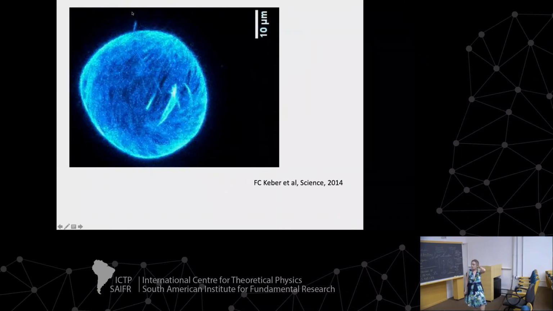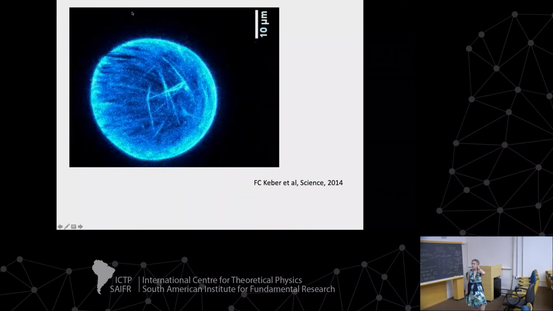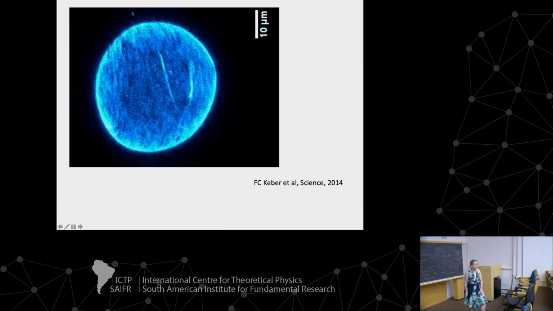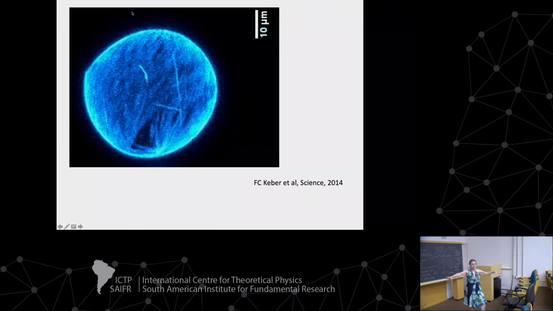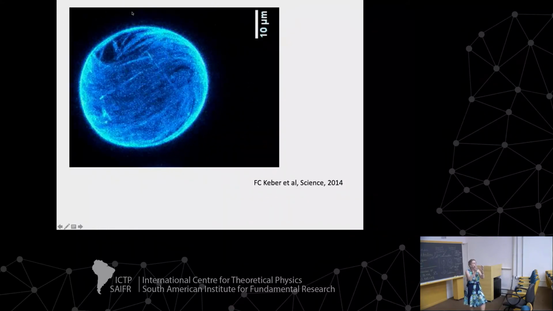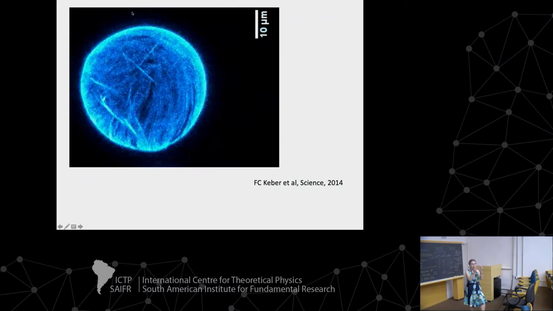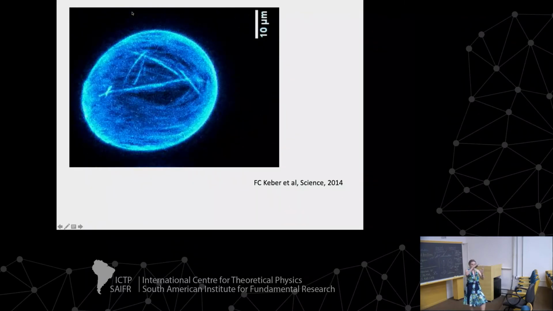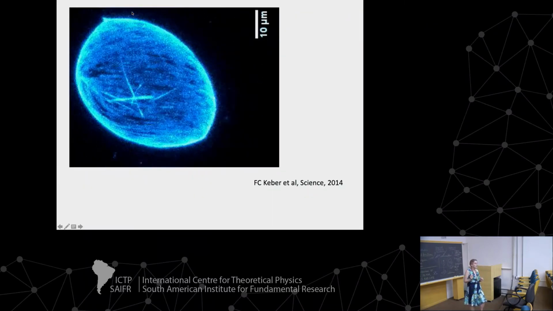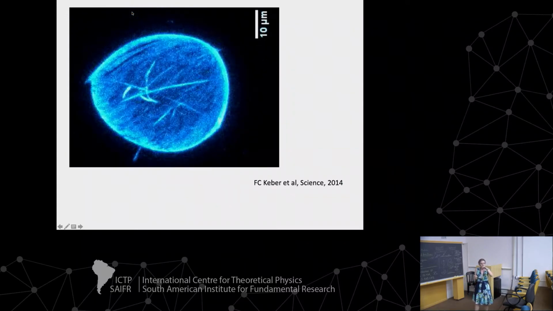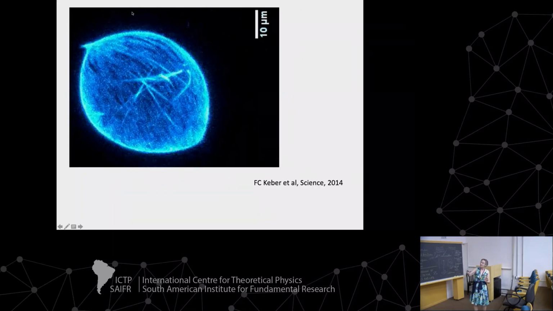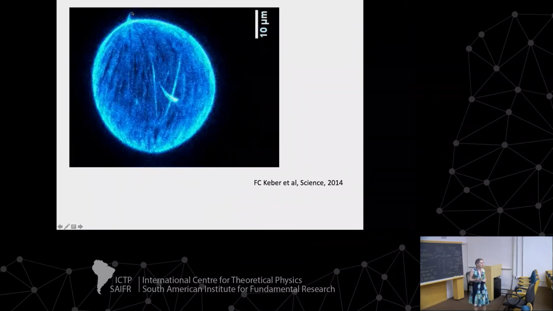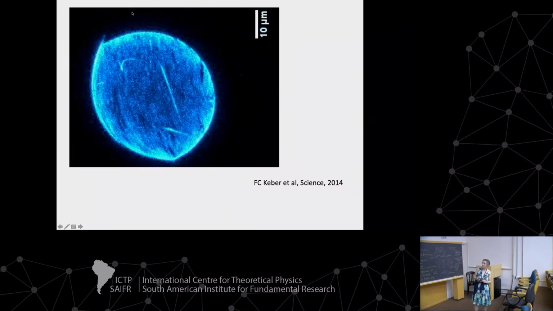Then I put this one in because this was actually quite an early experiment, and it's very cute. This is by the Dogic group. Rather than having a flat two-dimensional layer of this active stuff, they put it on the outside of a vesicle. So it's doing active turbulence on the outside of a vesicle. And if you put the vesicle on a surface, the forces from the active turbulence cause it to move around on the surface.